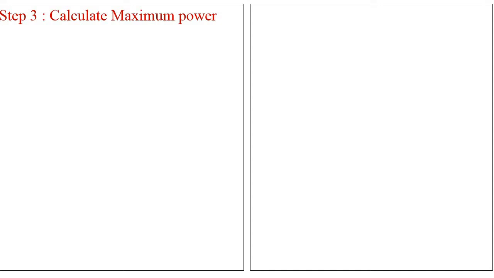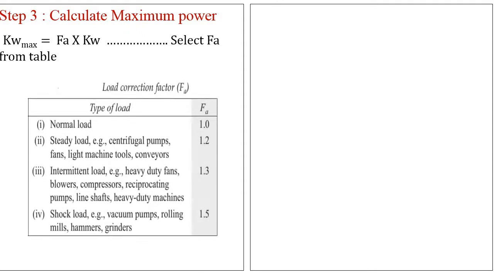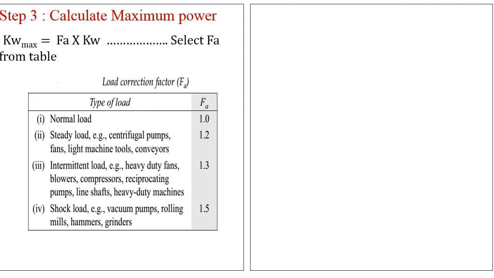Now step 3, calculate maximum power. So there is a formula, kW max equal to Fa into kW. Fa is the load correction factor. It depends on the application. It varies from 1 to 1.5. Now our application is a compressor.